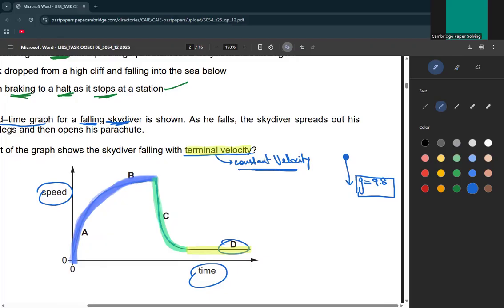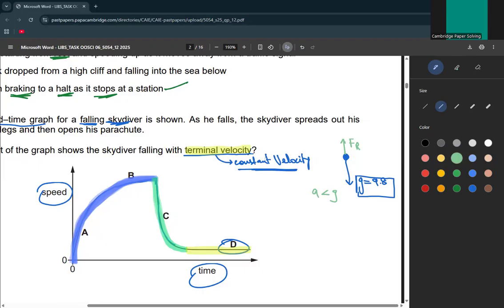Resistive forces always act in the opposite direction, whether they are friction, air resistance, or any other resistive force. So the net acceleration of the body will be lower than g, so acceleration will be less than g.